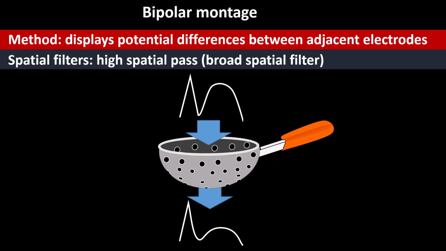Low voltage gradient is more likely to be found in slow frequency EEG activity, let's say delta wave, than in fast frequency EEG activity. So they filter out slow background activity, making localized sharp waves easier to see. An analogy I like to make is that bipolar montages blur the background and highlight the details.